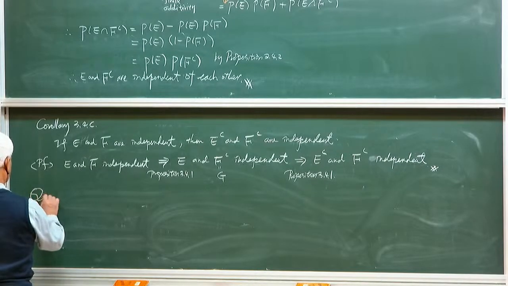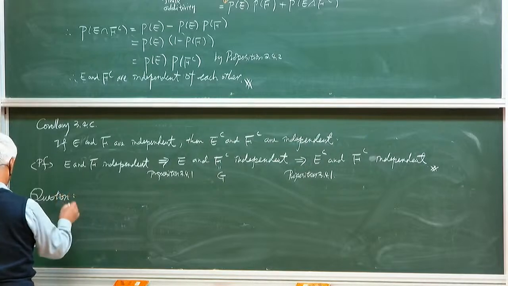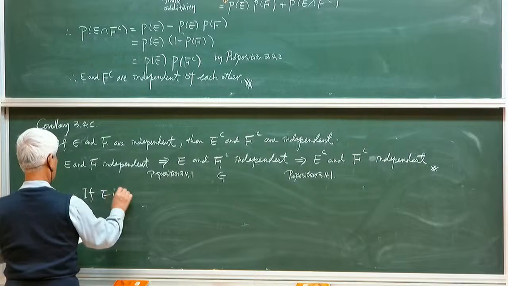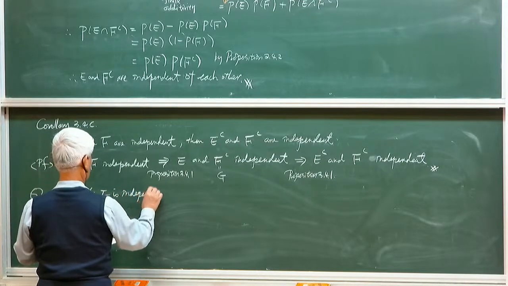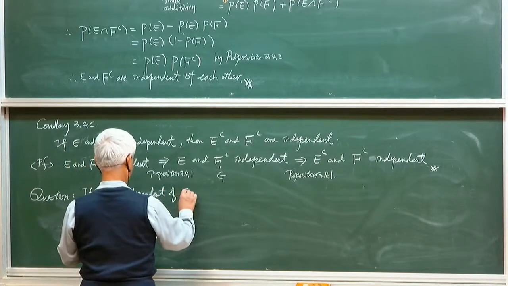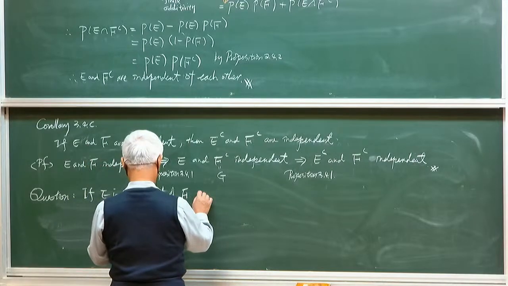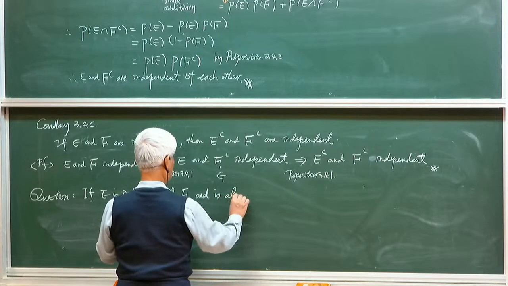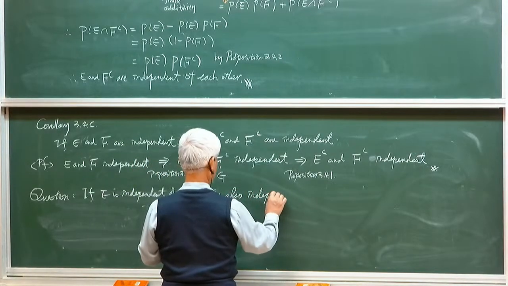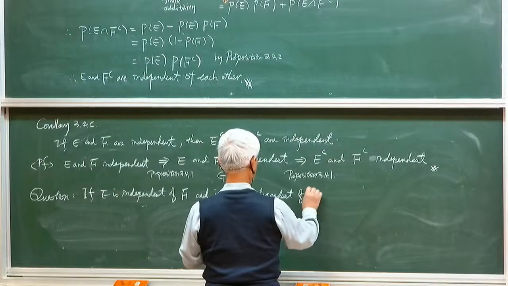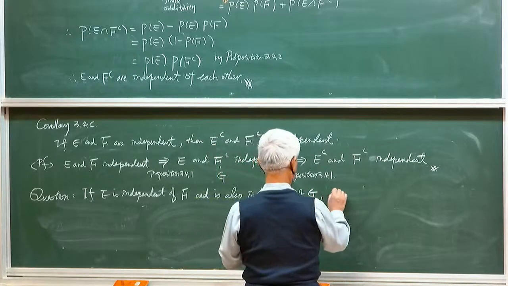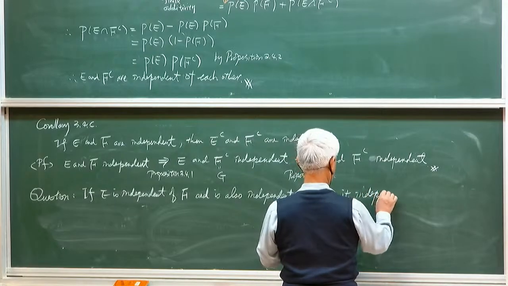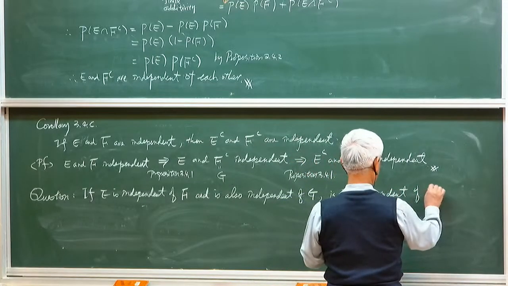Now a question you may raise: if E is independent of F and is also independent of G, is it independent of F intersect G?